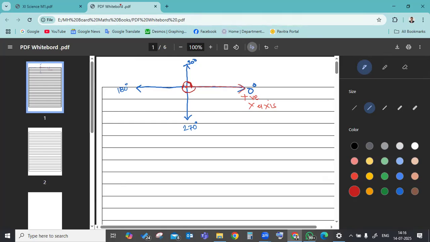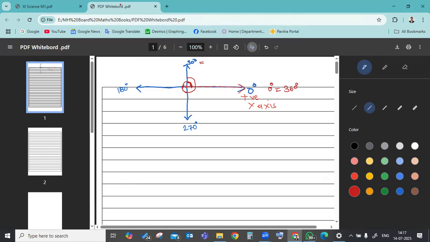Now here, this 0 degree will overlap with 360 degree. Getting my point? Now again, on continuing the same way, if you rotate by 90 degree, then it will be what?